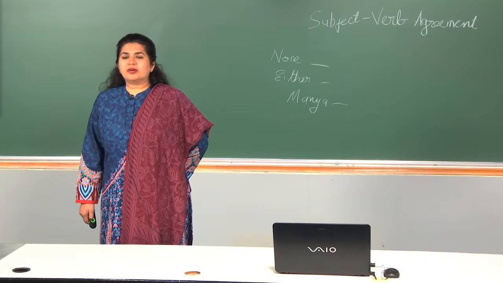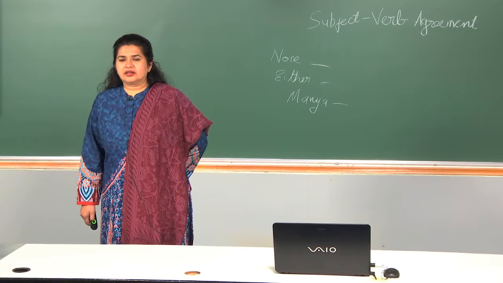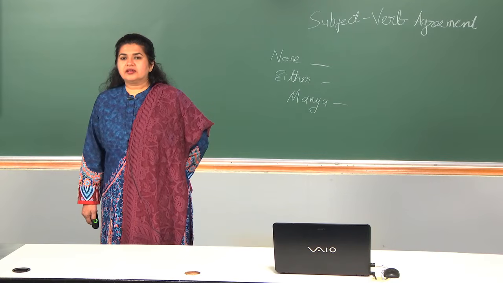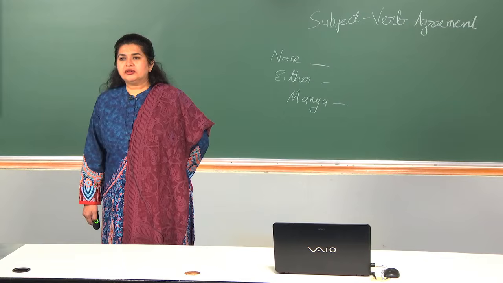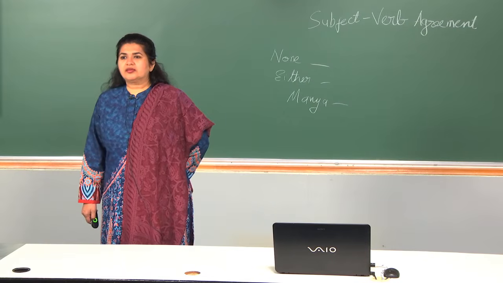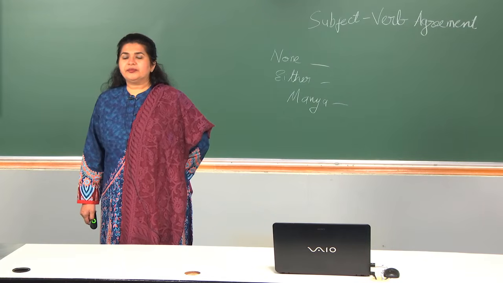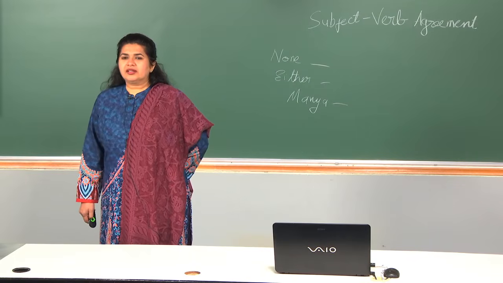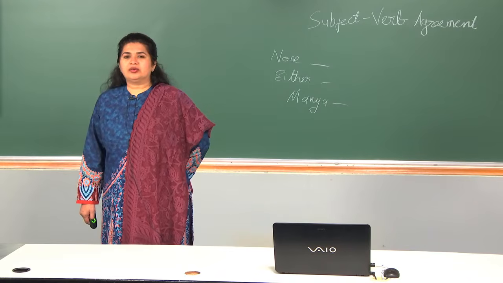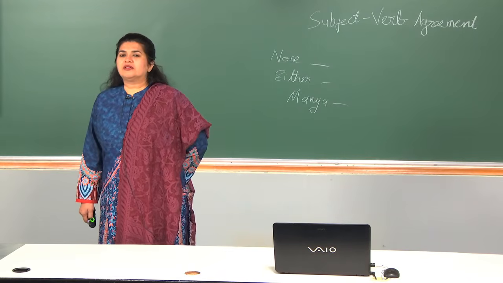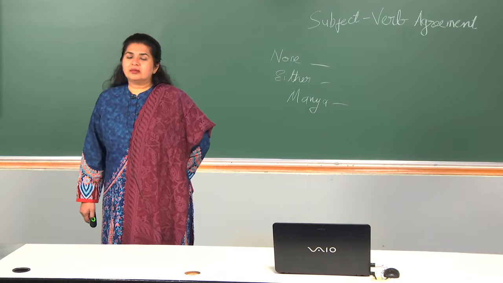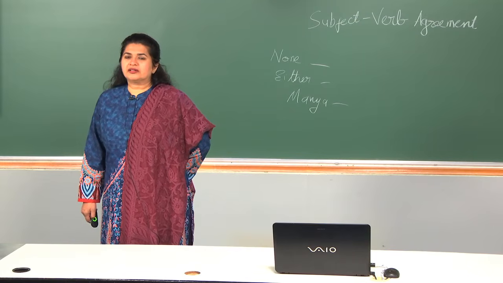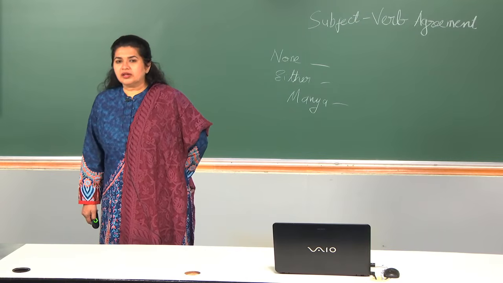Many prominent scientists is the subject here, and the verb agrees with the main noun in the subject. The main noun is scientists. This is a complex variety; you find several words in the subject, but the main noun is scientists. So the verb agrees with the main noun and is therefore plural. Scientists will take a plural form.